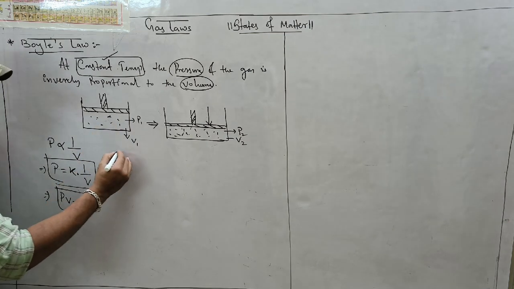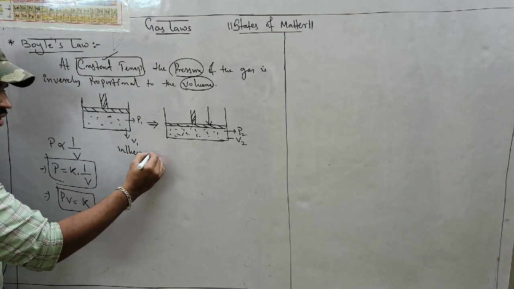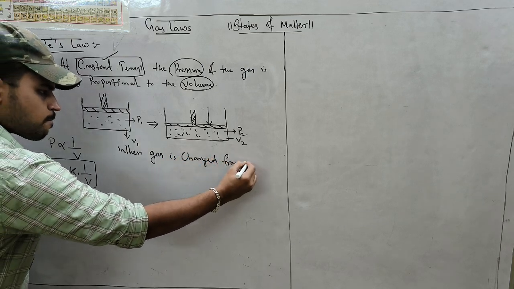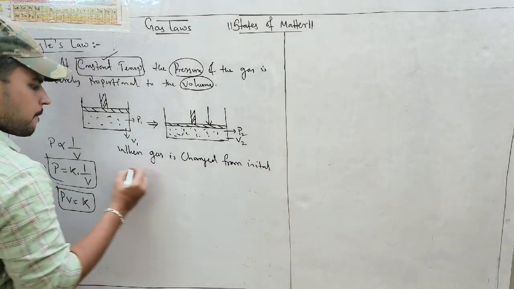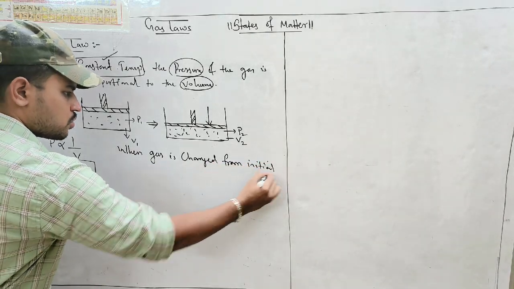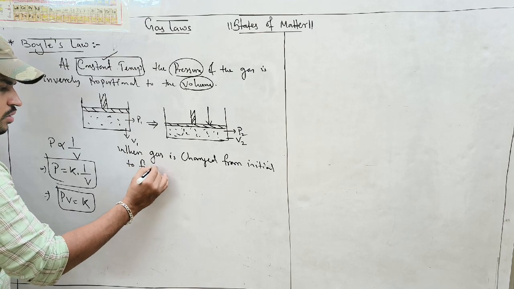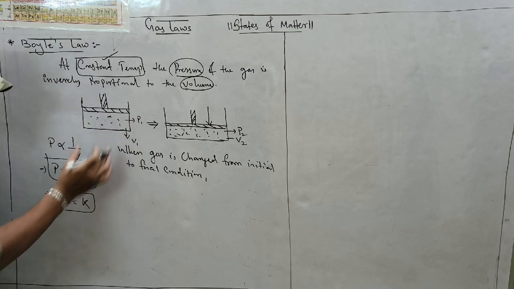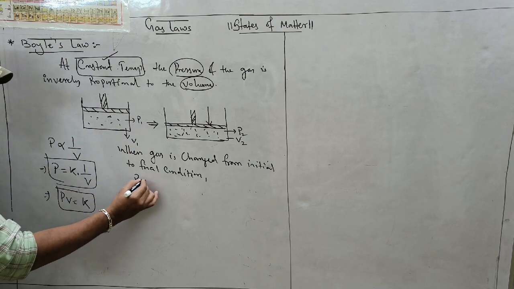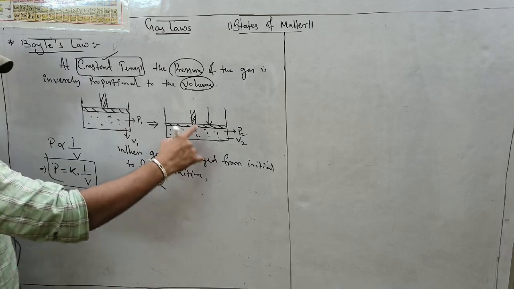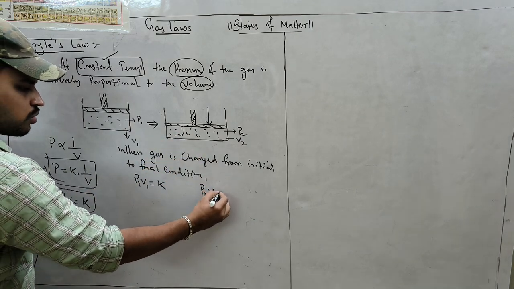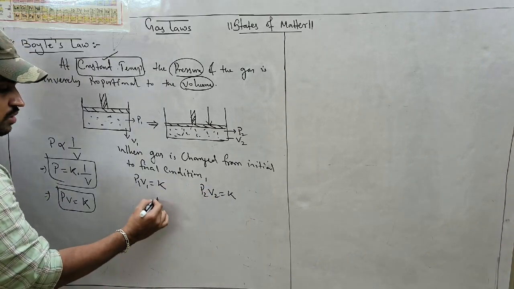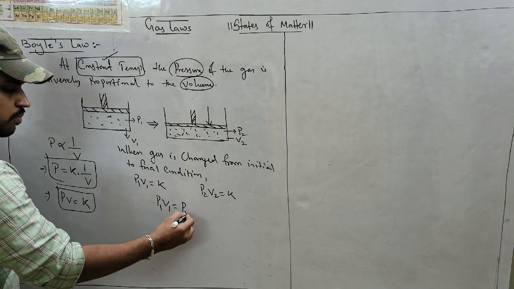In the first case, P1 V1 is K. In the second condition, P2 V2 is equal to K. When the right sides are equal, the left sides are equal. That means P1 V1 equals P2 V2.